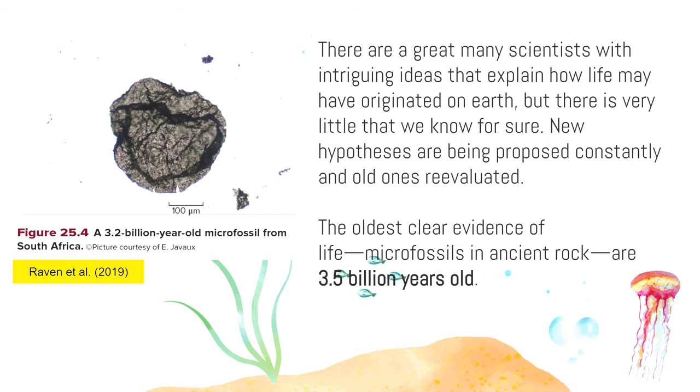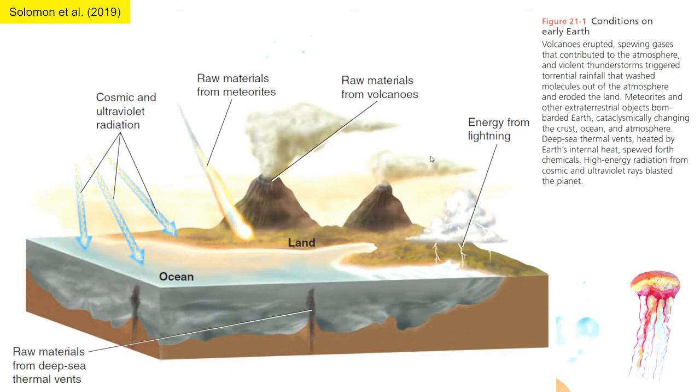The evidence that we have right now, microfossils, dates the origin of life on our planet sometime between 3.5 to 3.2 billion years ago. This shows us the conditions of the early Earth, wherein it proposes how life could possibly have started in our planet.